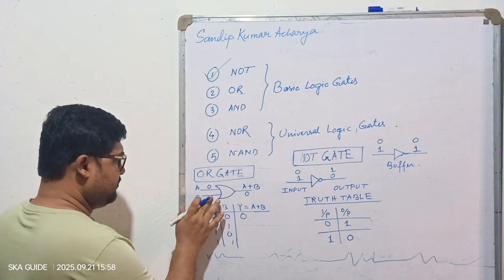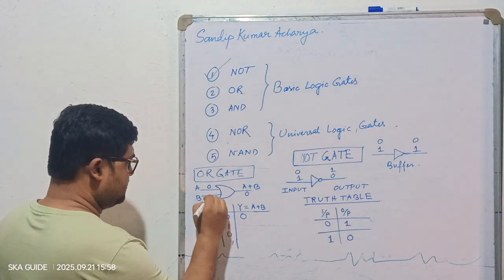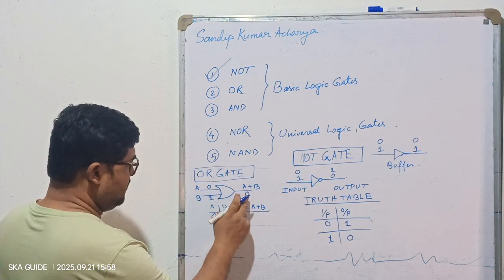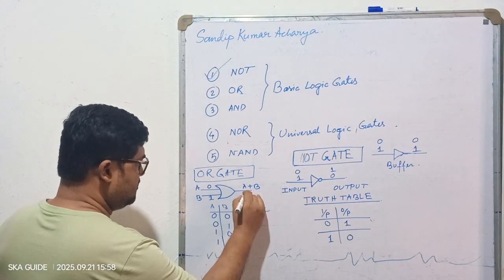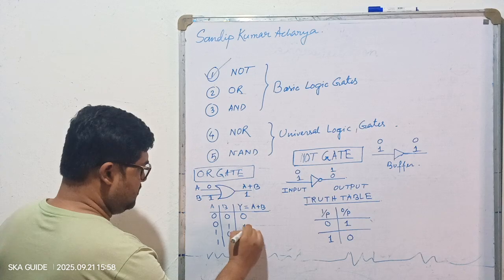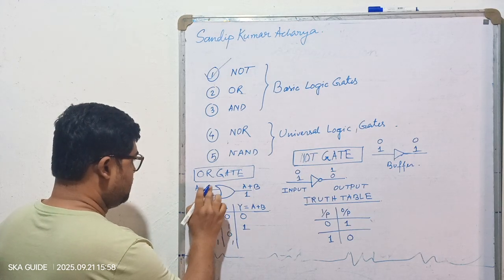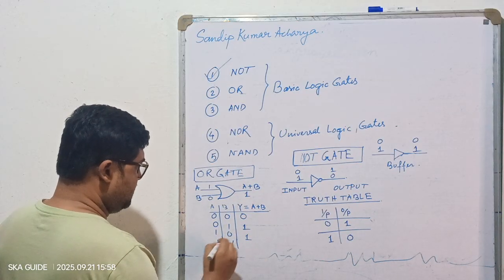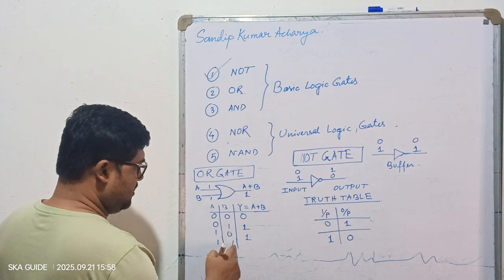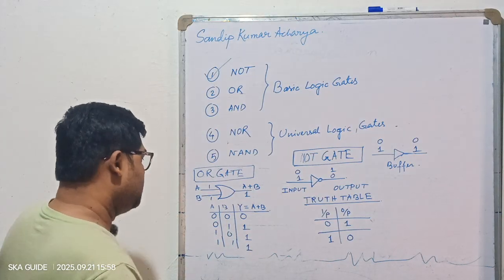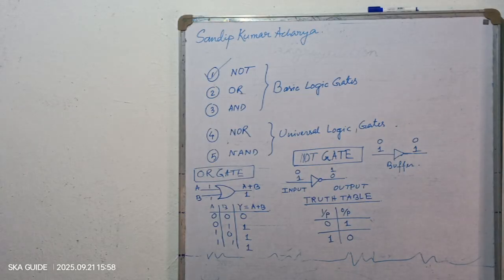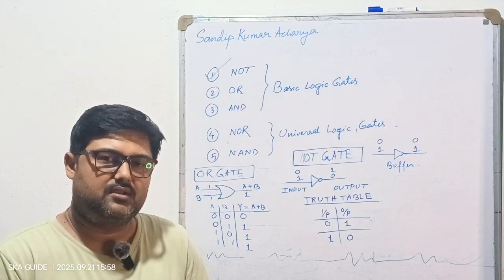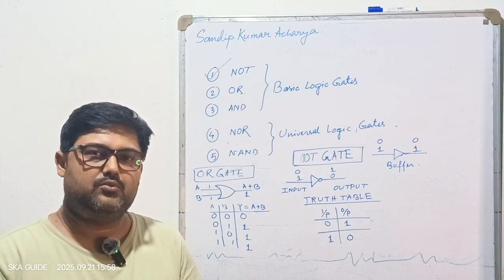If we put 0 at A and 1 at B, then the output will be 1. If we put 1 and 0, the output again will be 1. If we put 1 and 1, then the output will be 1. Here we can see that once we have a 1 in the input section, we will have output as 1.